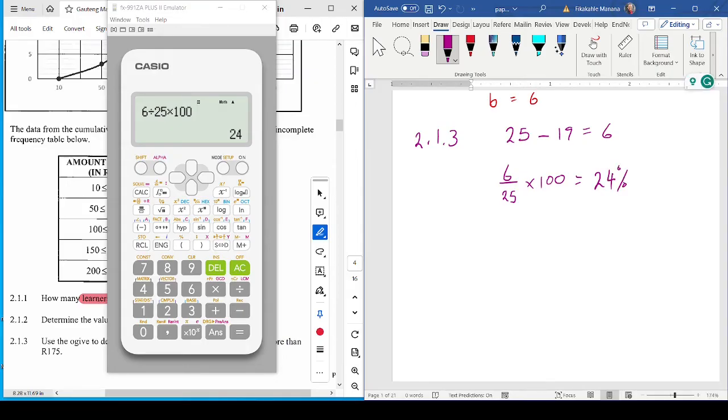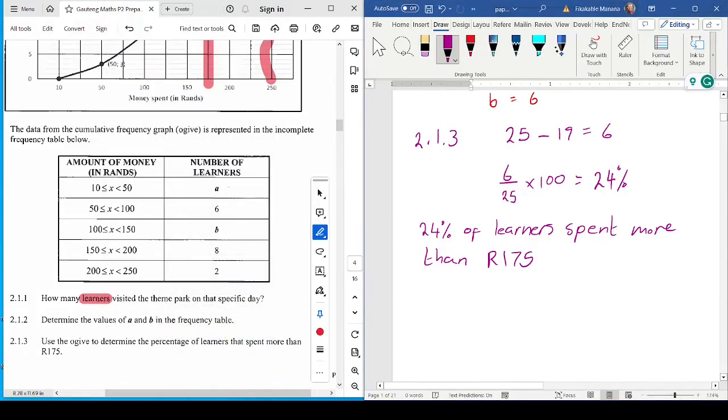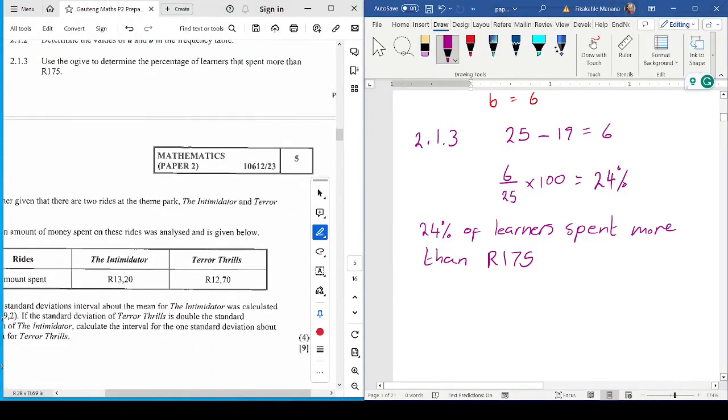So if I'm to complete this, I will say 24% of learners spent more than 175 rands. Cool. Let's check the next question.